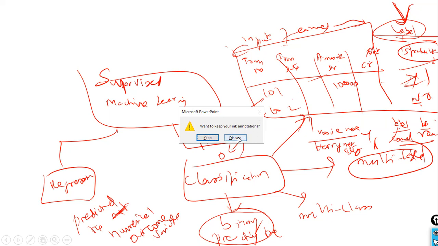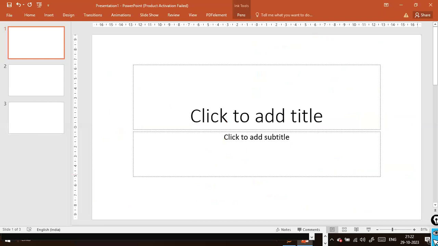Within logistic regression, there are two types. If you want to predict a target outcome variable which is binary, that is your binary logistic regression model. And if you want the model to predict the class label for a multi-class classification problem, you have multinomial logistic regression.